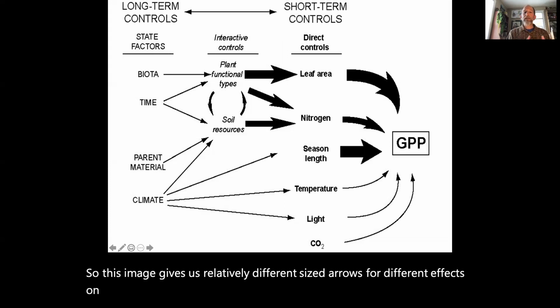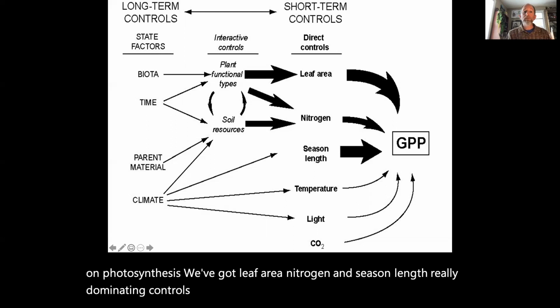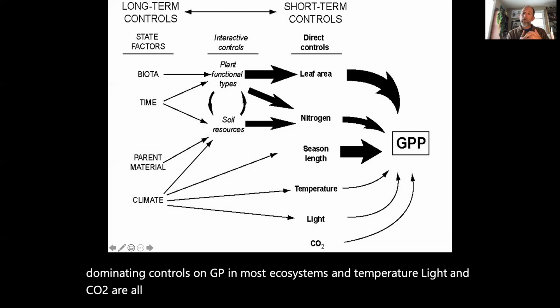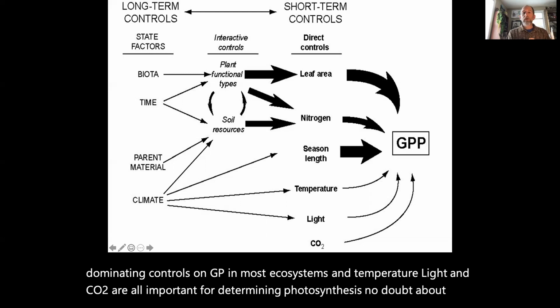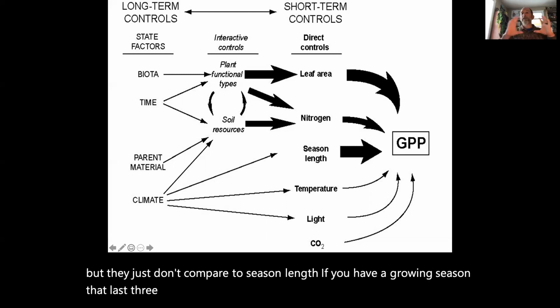We've got leaf area, nitrogen, and season length really dominating controls on GPP in most ecosystems. And temperature, light, and CO2 are all important for determining photosynthesis, no doubt about it, but they just don't compare to season length. If you have a growing season that lasts 365 days a year, that is a tremendous impact on your total photosynthesis over that year.